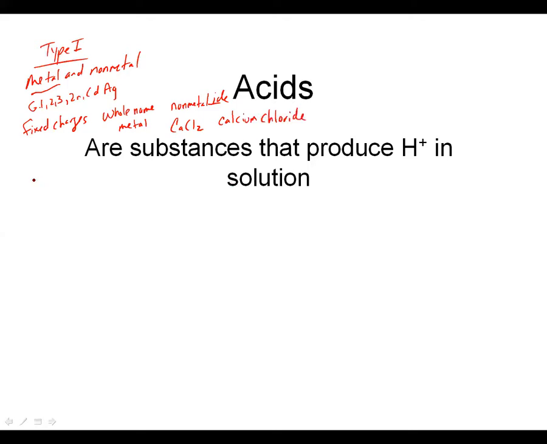And we also talked about type 2 compounds. Type 2 compounds are also ionic, and they're also a metal and a non-metal. Also here, it is the metal that's important. It is a transition metal, just to the right on the periodic table.